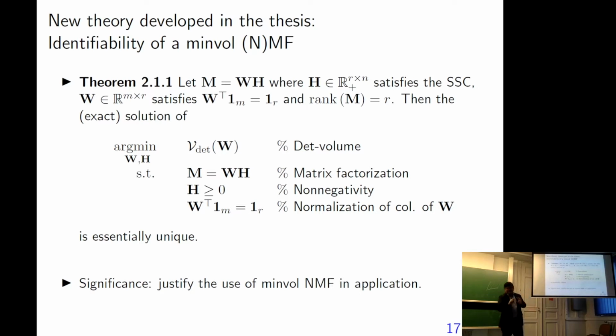Basically, it means the data points are not concentrated at one point but spread out. Then, if you have all these conditions and you solve the minimization problem, the exact solution will be unique. So this justifies why min-volume NMF can be used to solve practical problems, because if the conditions are satisfied, then you have the unique solution.